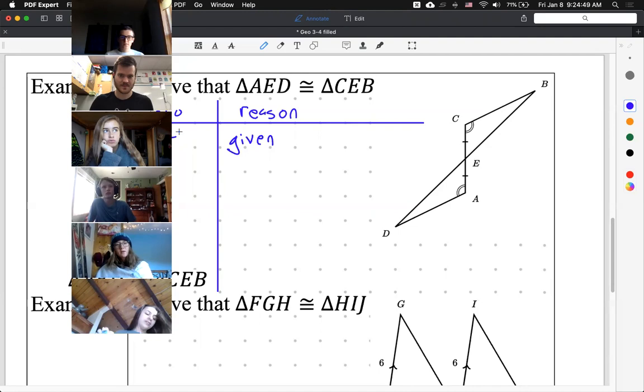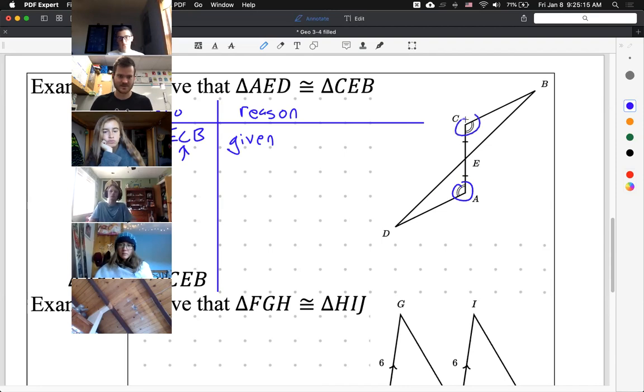You have to get the letters in the right order when you're writing a congruency statement for triangles, but when you're talking about their angles, all you need to make sure is that the middle letter is the one that you're talking about. I did the second one wrong. The middle angle should be C, so ECB. So you're basically saying angle A and angle C.